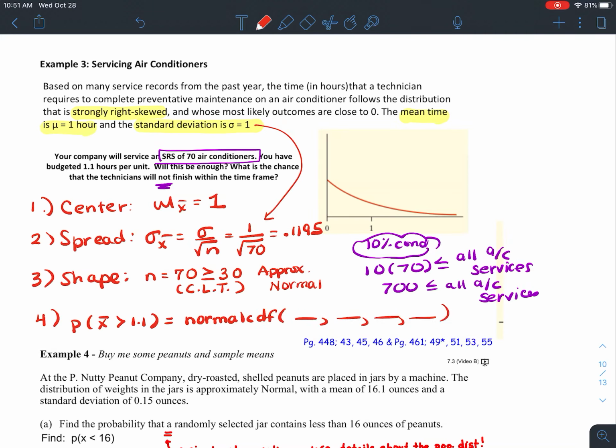Okay. All right, so we're going to fill in 1.1, 10,000, 1 is the mean, and 0.1195 is the standard deviation. Okay, and the chances are 20.13% that he would not finish in that time frame.